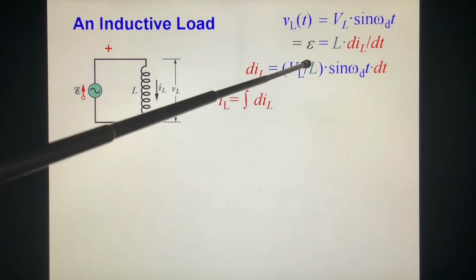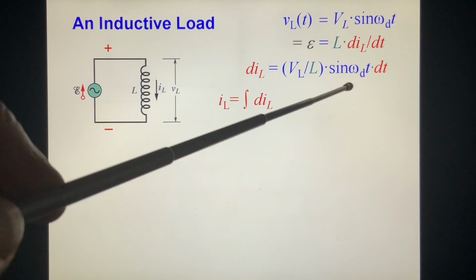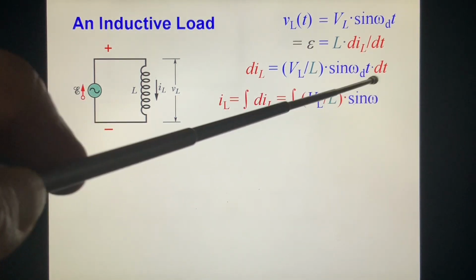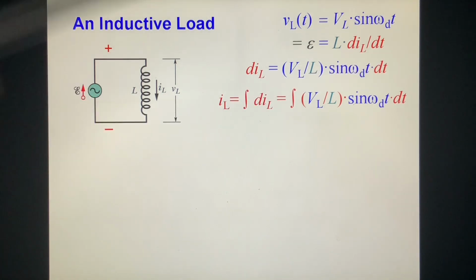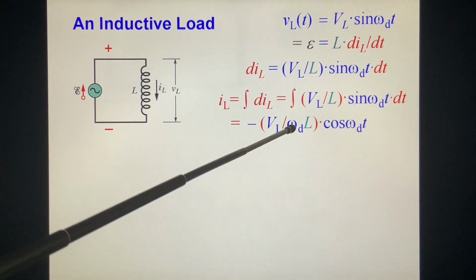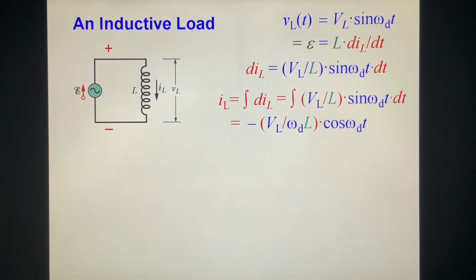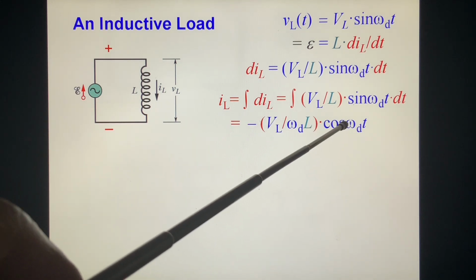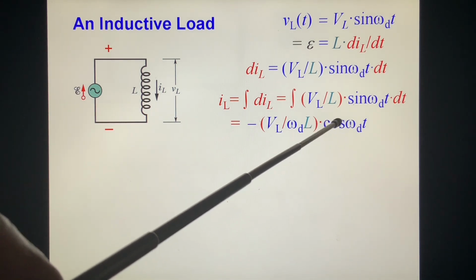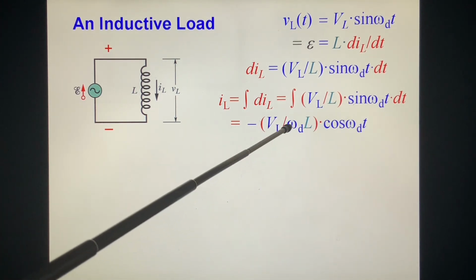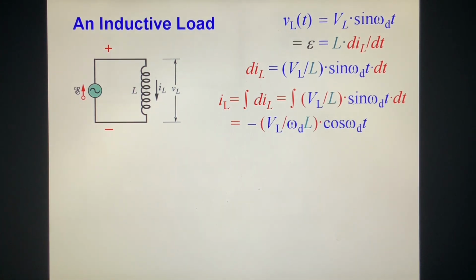This is sine omega t dt. So this integration is minus cosine omega t divided by omega. Very simple integration. You do the derivative, you get cosine derivative become minus sine, minus negative positive. And you have omega cancel on this one, you get VL over omega L.